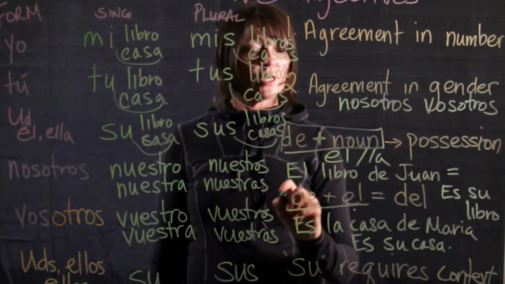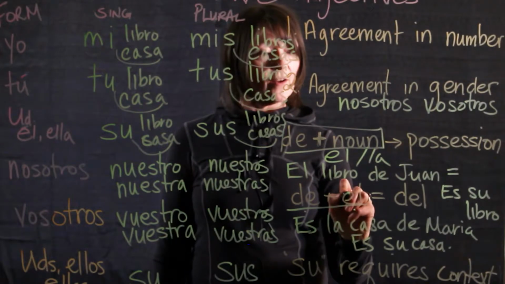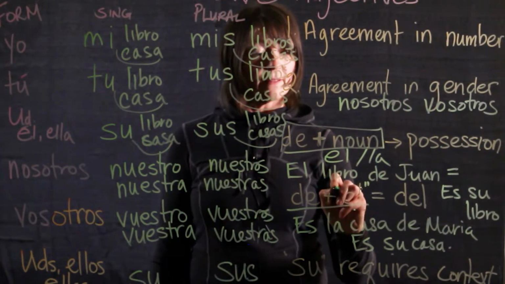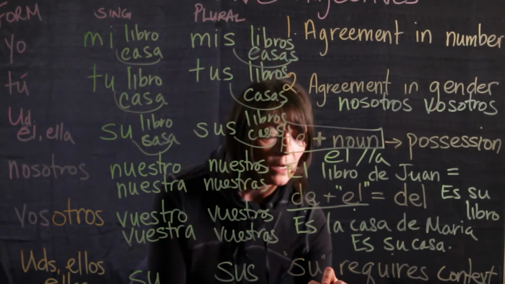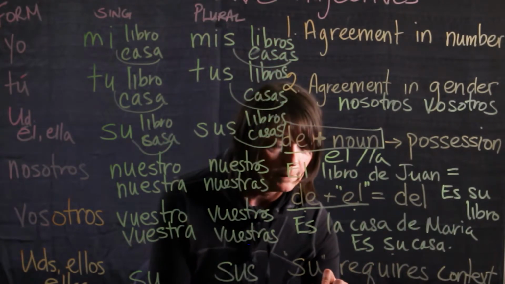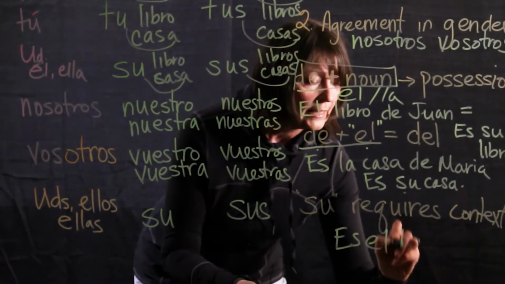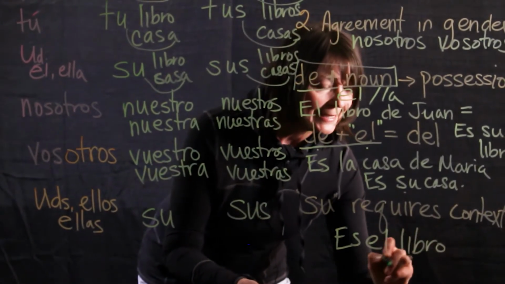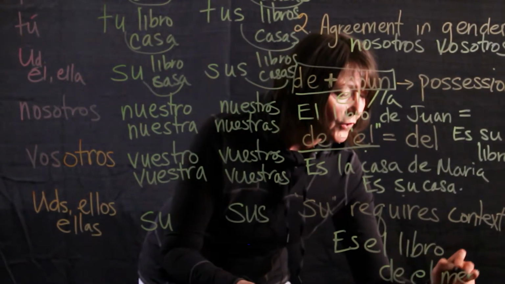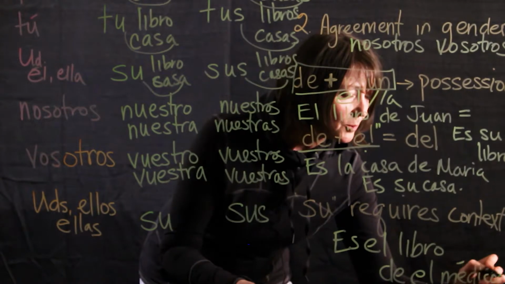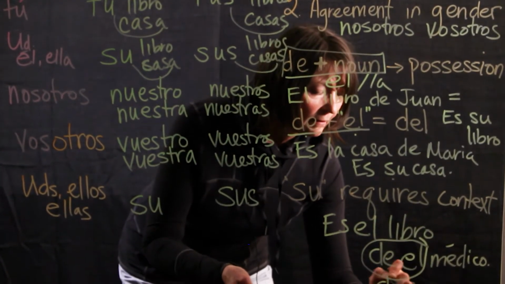possession in Spanish. Now, if you have de plus el, meaning the, there is a contraction, it turns to del, okay? So if we have es el libro de el médico, it's the doctor's book, then this contracts to del, okay?